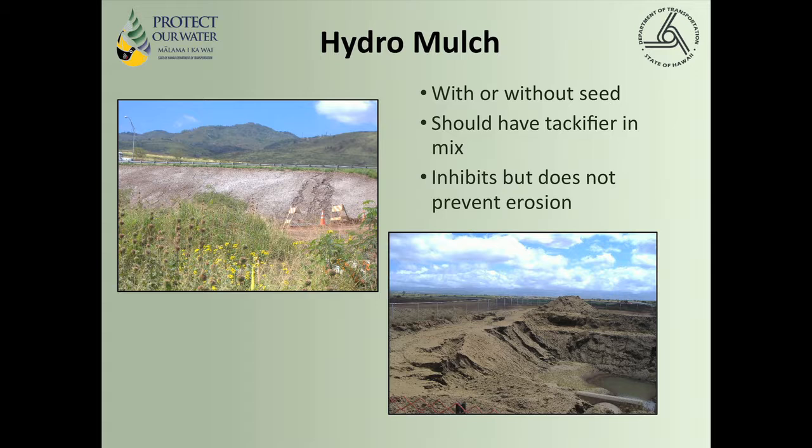I mentioned hydromulch. If you hydromulch an area, you need to make sure before you do, you have plenty of tackifier in it. Hydromulch provides some erosion protection, but not very well. As you can see from these, there is significant erosion in these areas, even though they are hydromulched.